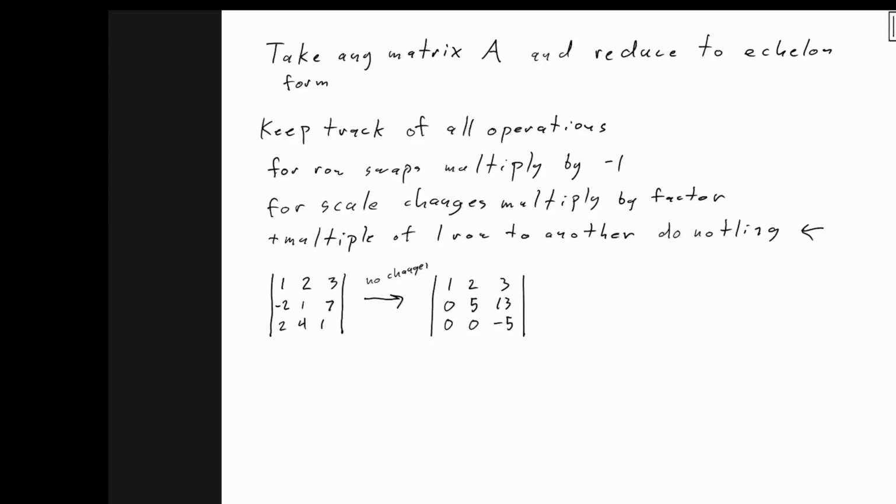Now, just to illustrate it, I'm going to scale the second row by 1/5. If I do that, I get 1, 2, 3, 0, 1, 13 fifths, 0, 0, -5. And I've multiplied by 1/5.